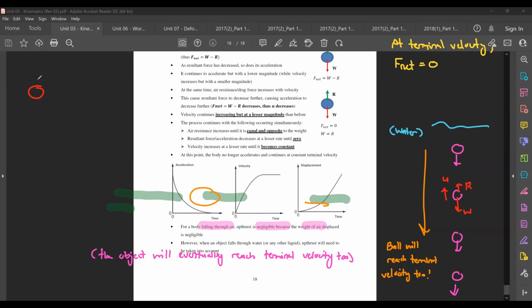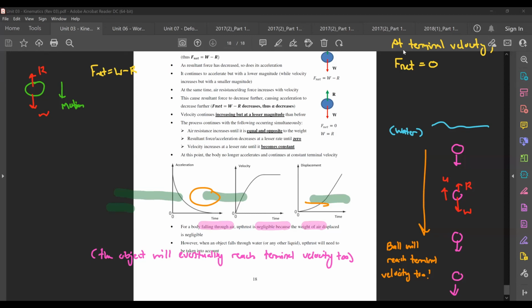Before this, if I have weight W and air resistance R, and I tell you that this is the direction of my motion, F net would be W minus R, right? Correct.